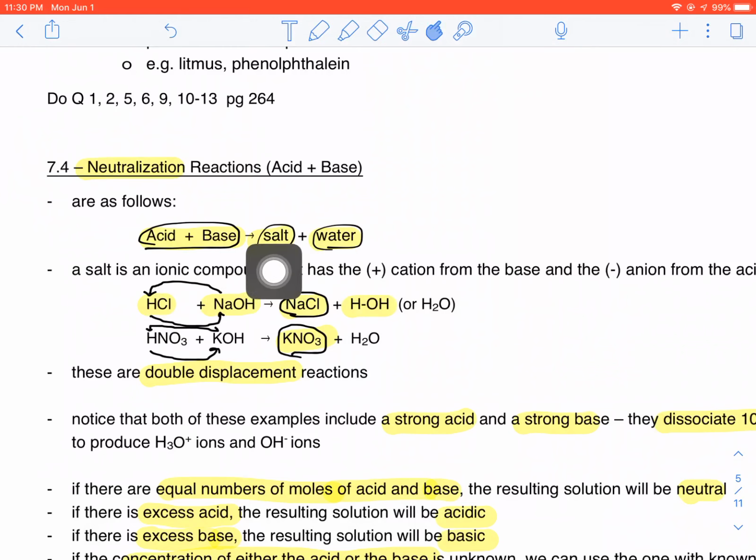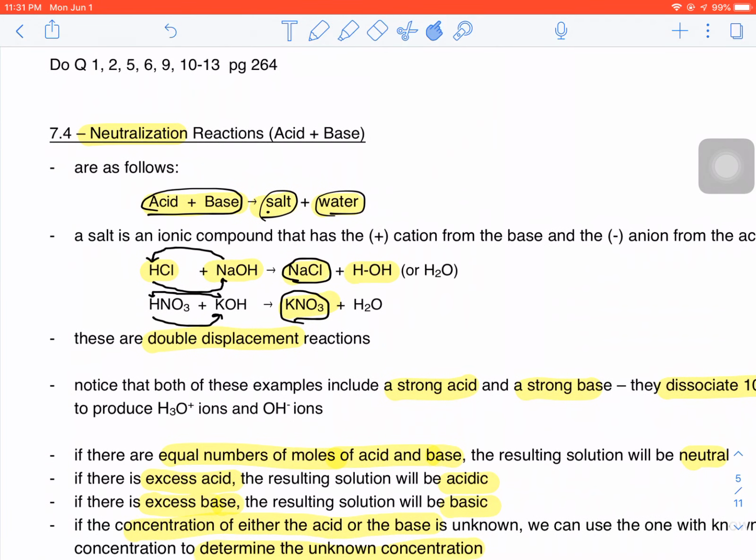But sometimes salts have a little bit of acidity or a little bit of basicity. So if the salt is slightly acidic, then the pH won't be 7, it will be a slightly acidic pH. If the salt is slightly basic, then I'll end up with a slightly basic pH when I reach the equivalence point, when the amount of acid is equal to the amount of base.